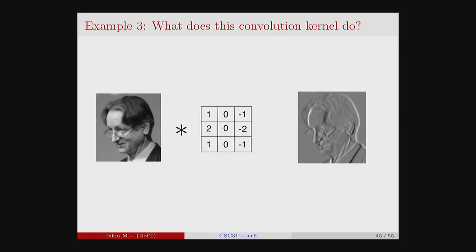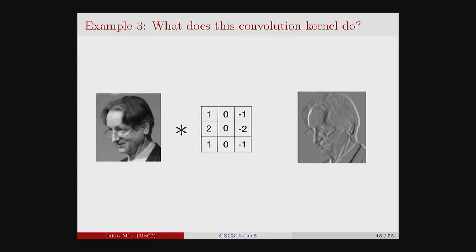So what I want to communicate here is that by changing around the numbers in these kernel matrices, you can do some really interesting things to your input image. And that should give you an intuition for the fact that it's a worthwhile endeavor to think about how we can learn these kernels from data to solve predictive tasks at hand.